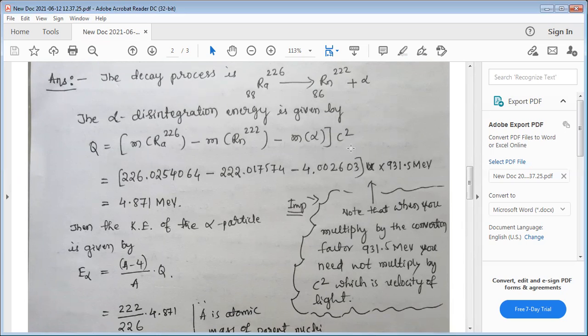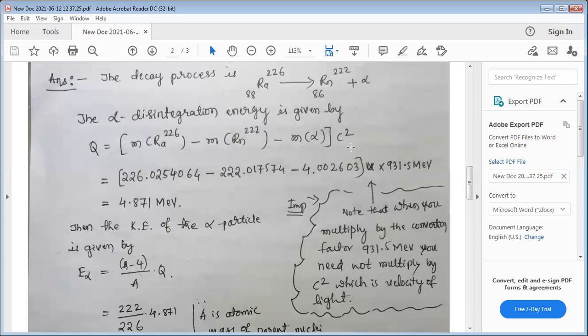Einstein's mass-energy relation is E equal to mc squared, where c is the velocity of light. But in this chapter, all these masses are in atomic mass units. So if you multiply by the conversion factor 931.5 MeV, you need not multiply by the velocity of light. This is a very important step, and it leads to confusion.